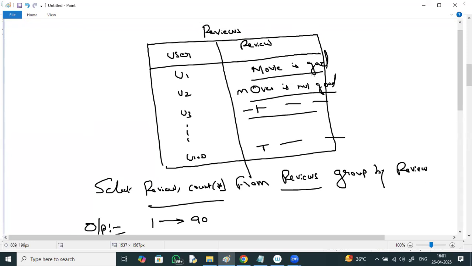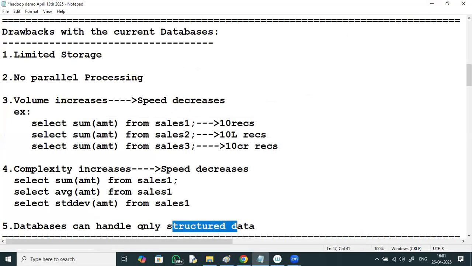Even if we use a keyword like count good, it gives wrong computation, because even not good has got good in it. So databases cannot handle semi-structured or unstructured data. They can handle only structured data.